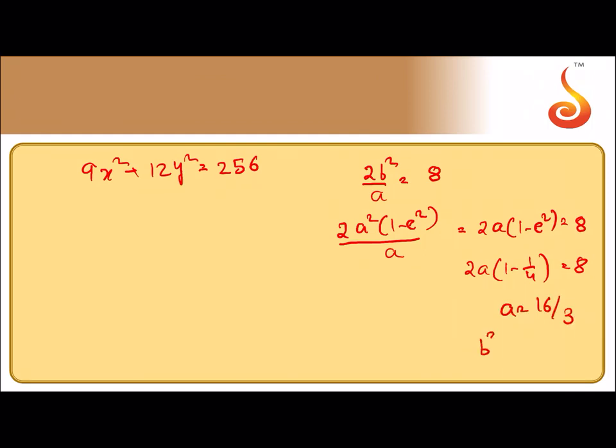So from this we get A equal to 16 by 3. Once we got A equal to 16 by 3, we get B square value as 64 by 3. Substituting it, we get 9x square plus 12y square equal to 256.